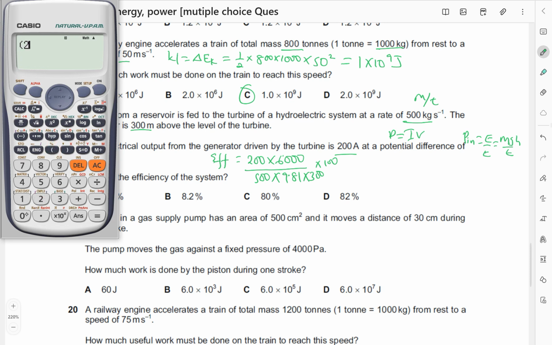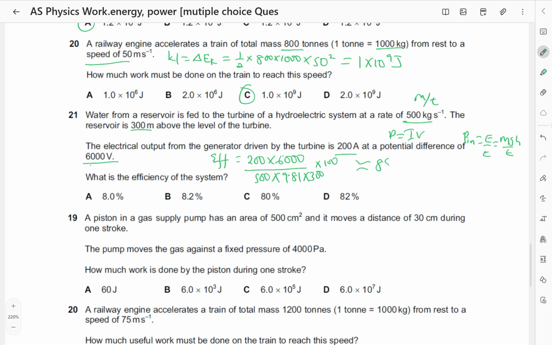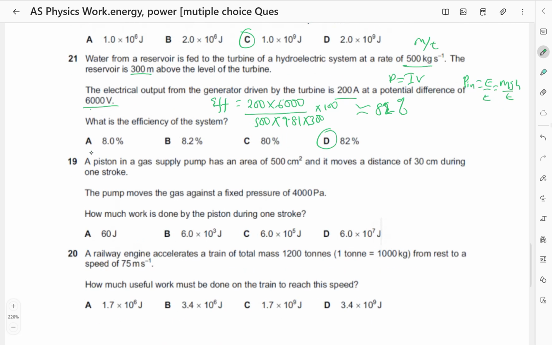So I have 6,000 times, of course, again 100 to change to percentage, divide by 500 times 9.81 times 300. So this is giving me 81.5, which is approximately 82%. So my answer is D.